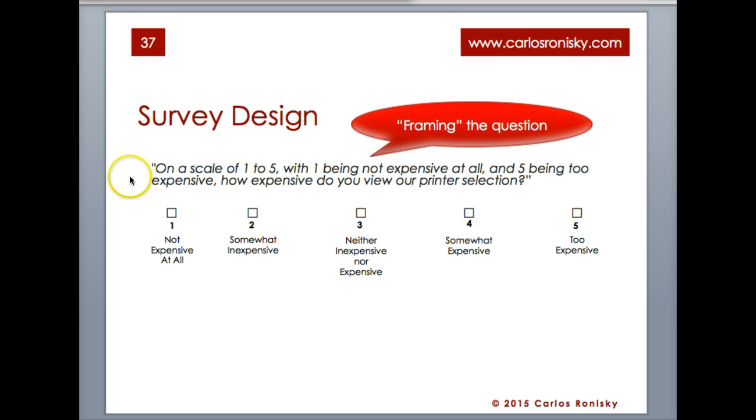And more importantly, notice how we're framing the question over here. We're getting the respondent into that frame of mind where we're telling them that a 1 means this and a 5 means that, so that the less thinking your respondent has to do and the more work you provide in order to easily answer the questions, the better data that you will get.